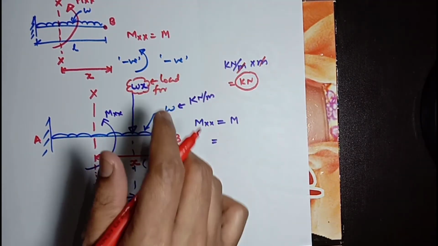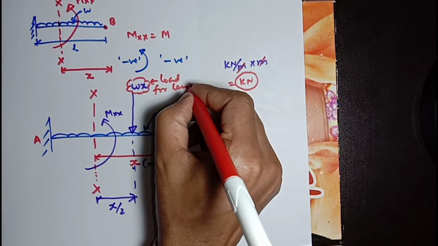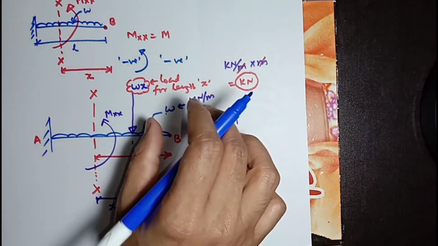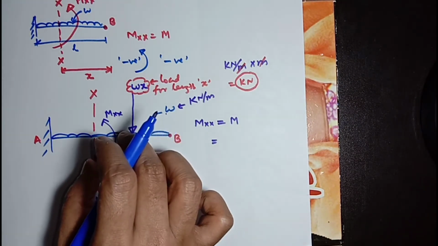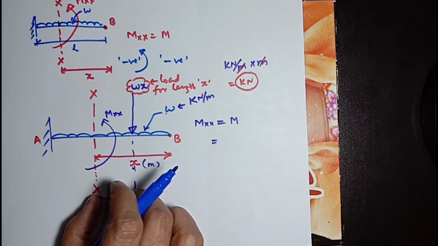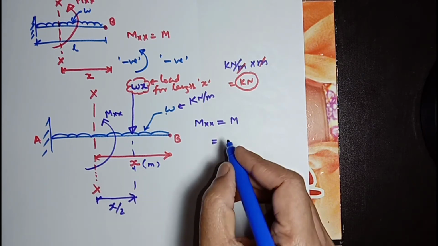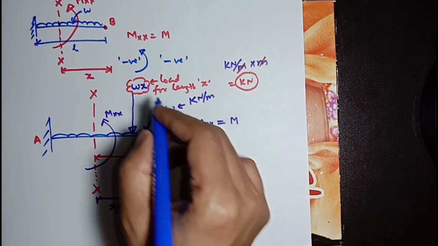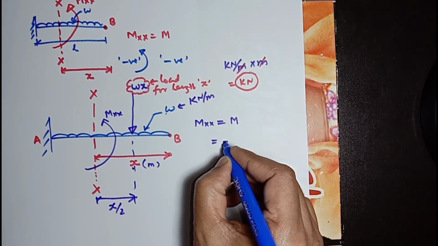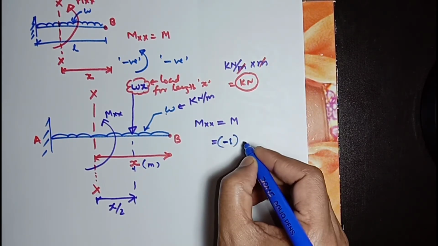For length X, it is the total load, and total load multiplied with distance X by 2 will give a moment, and we can write this value here. We have assumed anticlockwise moment is negative, so we use a negative sign.